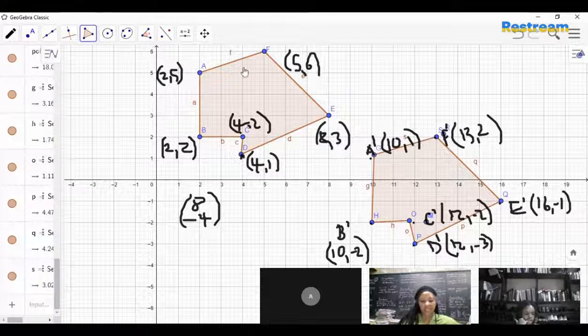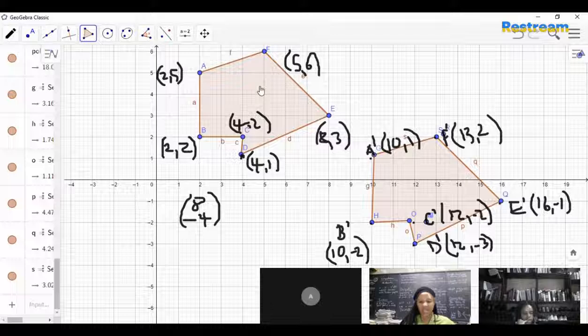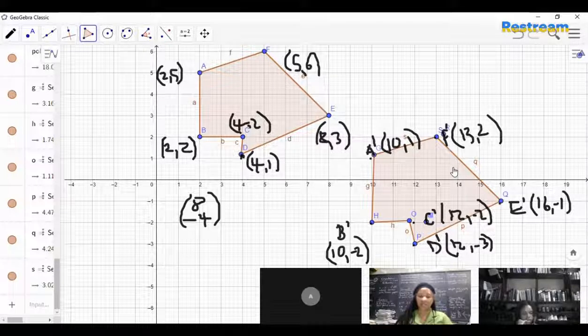So those are our object and image. You notice the orientation is the same, the size is the same. It's just that we've taken it and shifted it across the coordinate plane.